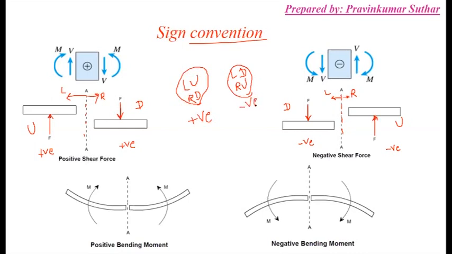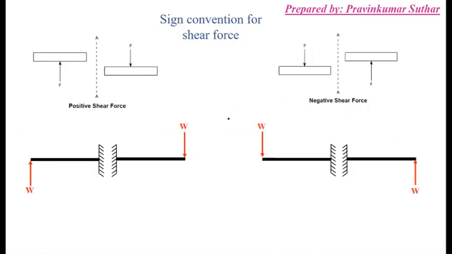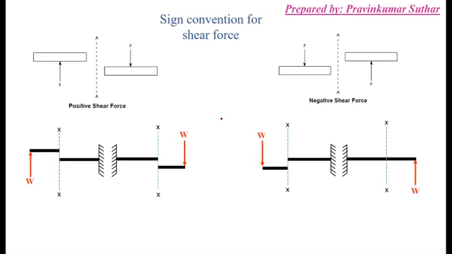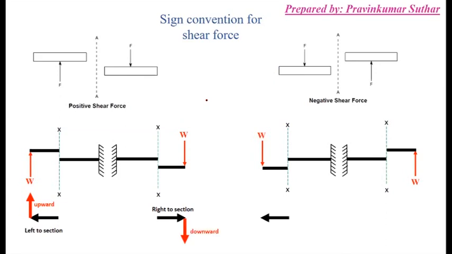If you want to remember, you can remember it like this. Just look at this. These are the section XX, and the failure may be like this or like this. Simply remember: left, upward force; right of the section, downward force; left of the section, downward force; right of the section, upward force.